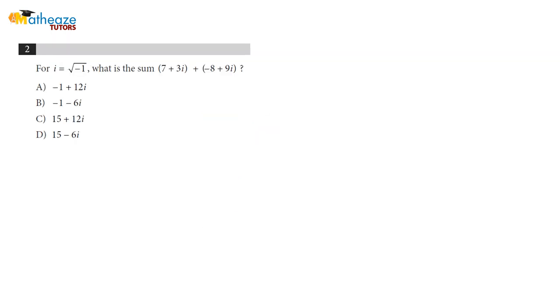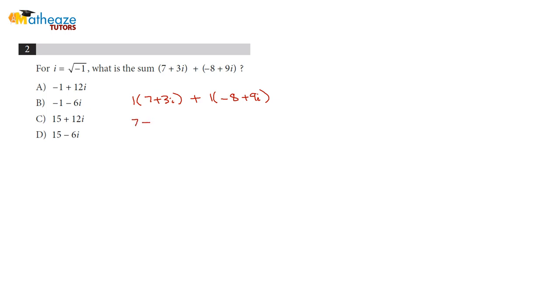Number 2, it says i is equal to the square root of negative 1. What is the sum of (7 plus 3i) plus (negative 8 plus 9i)? So we just put a 1 out front on the left side of each of the parentheses, and then let's distribute the 1.